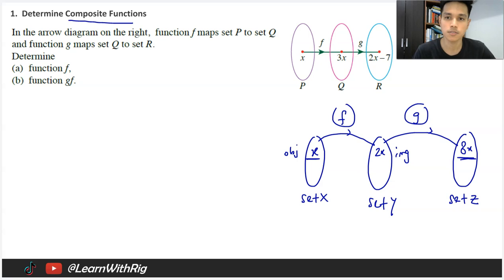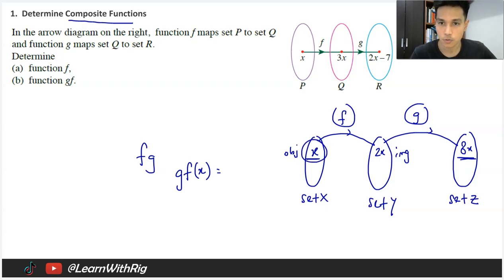So what is the composite function? Instead of writing FG, which most people will write, which is incorrect, the proper way to write this is called GFX. This is what we call the composite function.